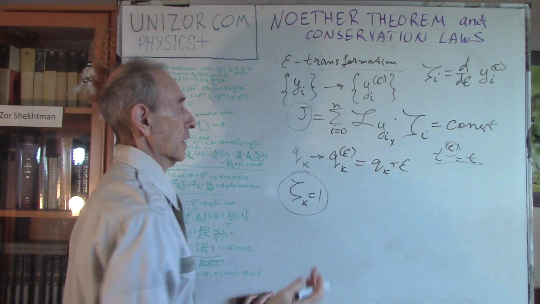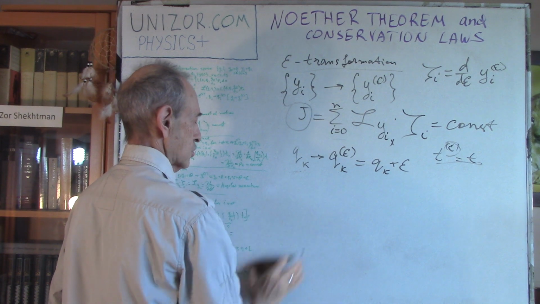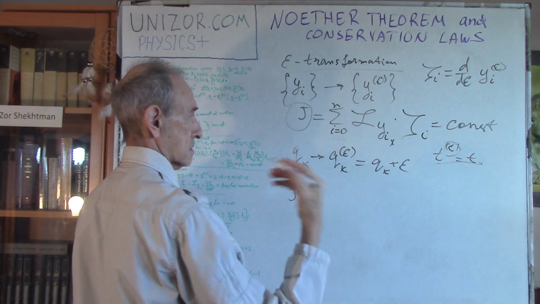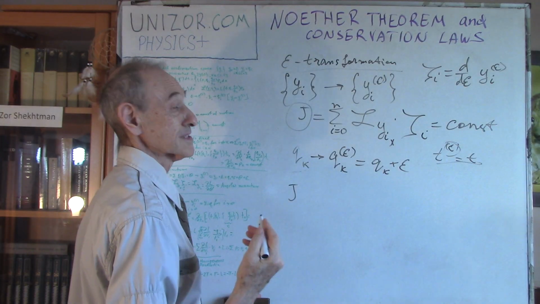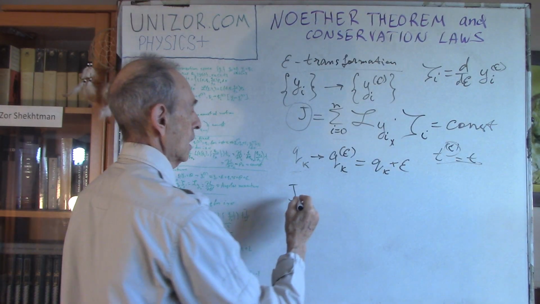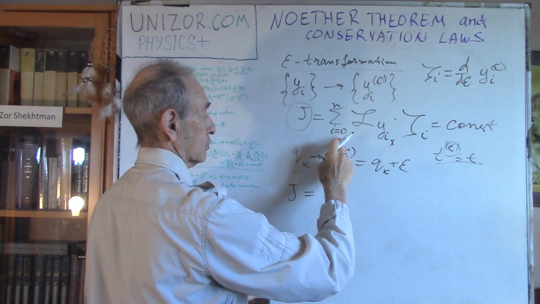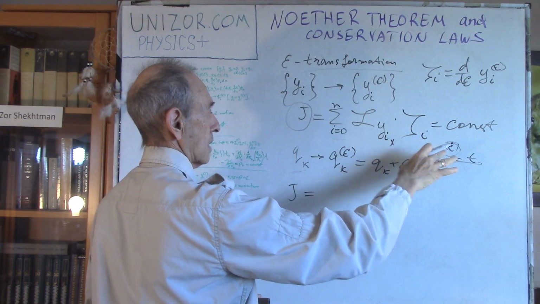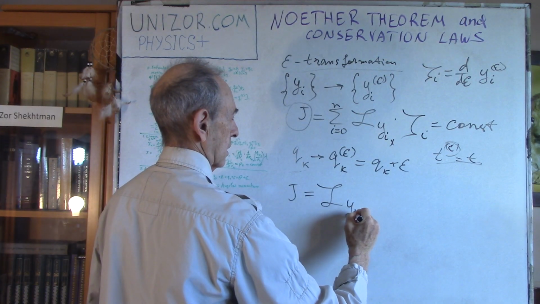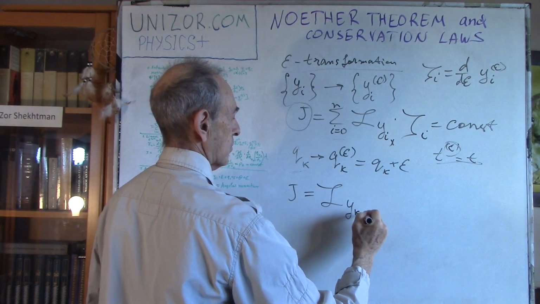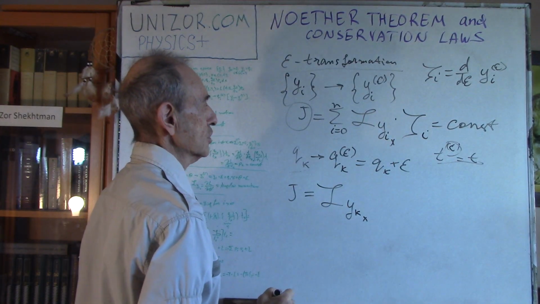So what does it mean for our case? It means that J, which is supposed to be the invariant conserved quantity by Noether theorem, will be, only for i equal to k, this thing is 1, and for all others it is 0. So that probably means this: the derivative of L by y_k_x. That's my property which is conserved.